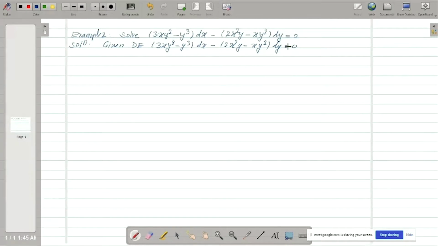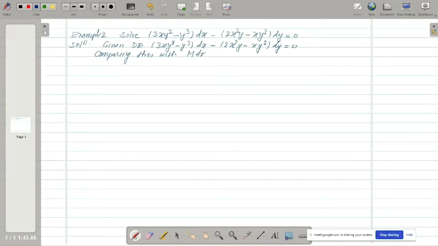This is your given differential equation. So for this, what I have to do? We compare the given differential equation with the standard form.